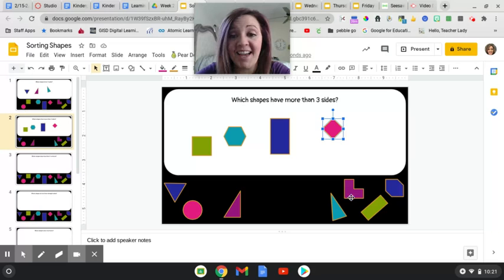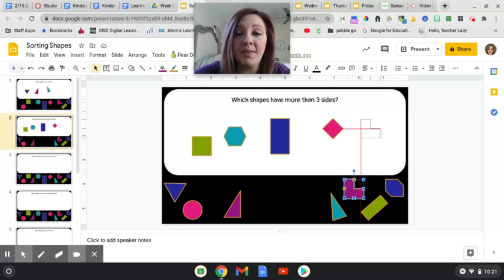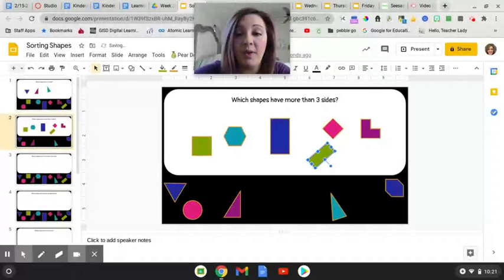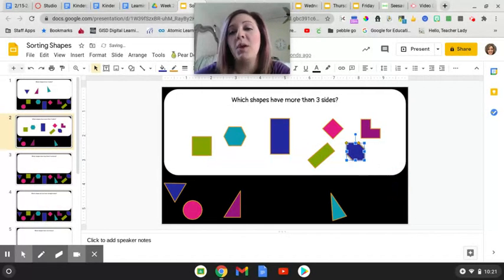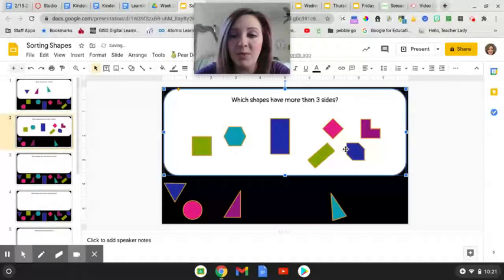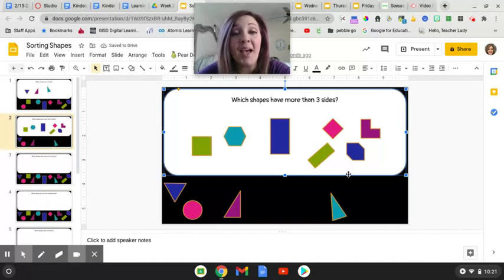It has 6 sides. So that shape can definitely go up. It has more than 3. Another rectangle, that one has more than 3. And this strange shape here, let's see how many sides it has. 1, 2, 3, 4, 5, 6. It also has 6 sides. So all of those are the shapes that have more than 3 sides. Let's look at our next slide.